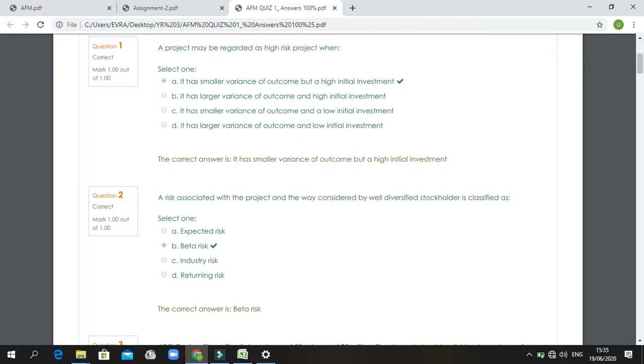Here the answer is B, because beta risk is an instrument used for measuring the risk associated with the project. A risk associated with the project and the way considered by a well diversified stockholder is classified as a beta risk.